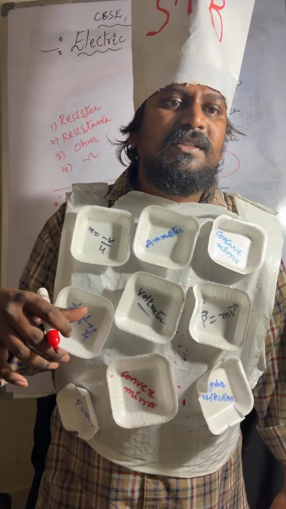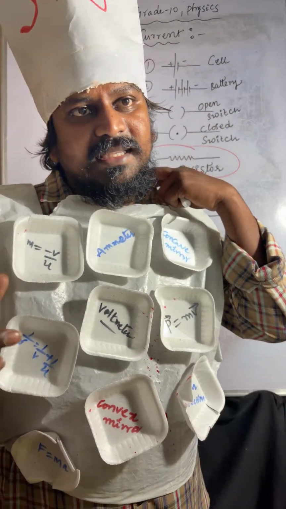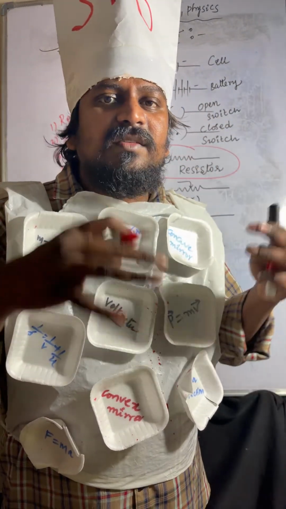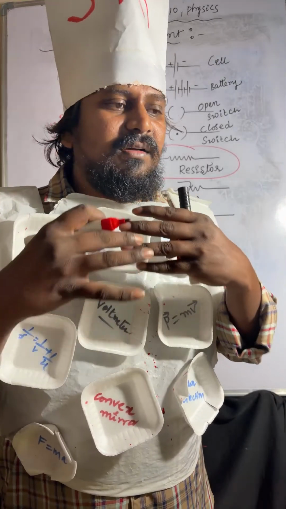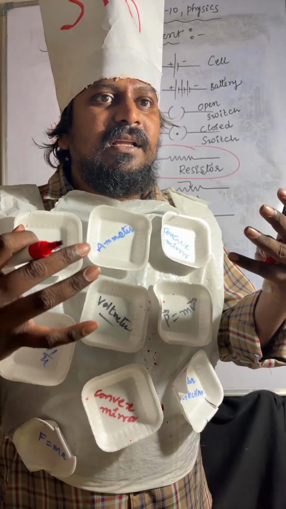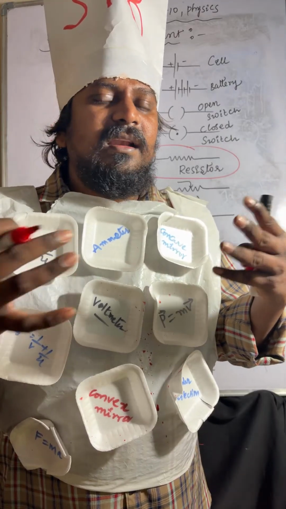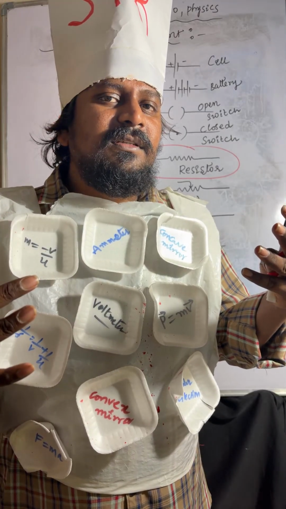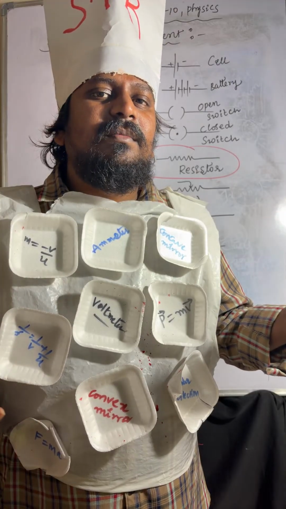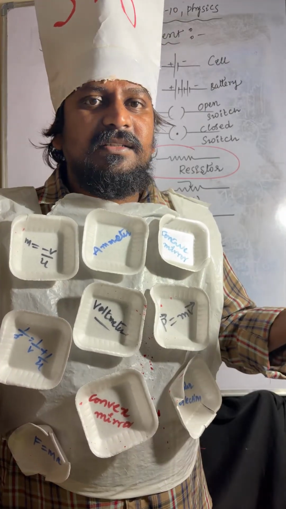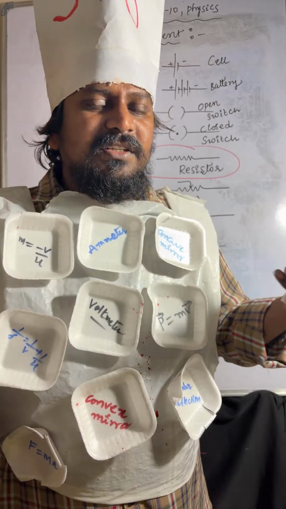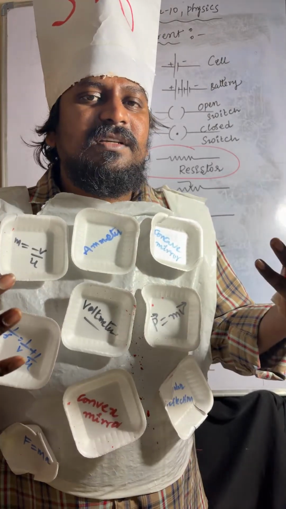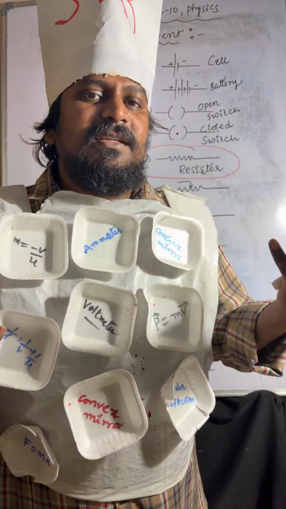So when electrons are moving in a closed conductor, they hit one another. Then automatically what happens? The speed decreases. If temperature increases, the velocity of the electrons increases and more collisions take place.